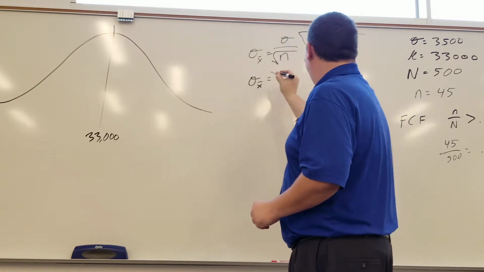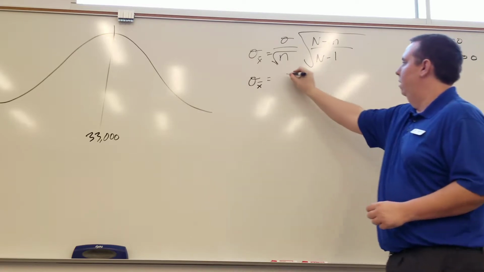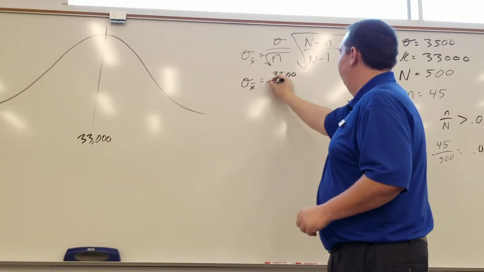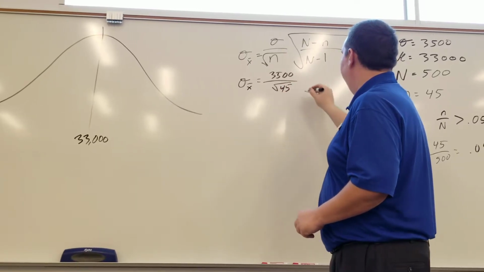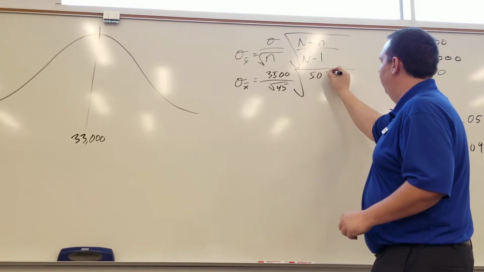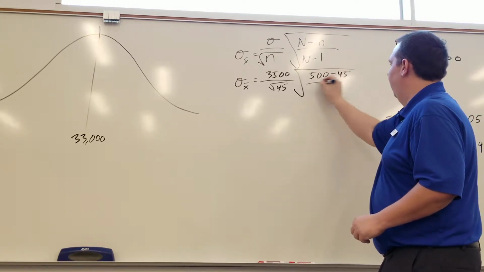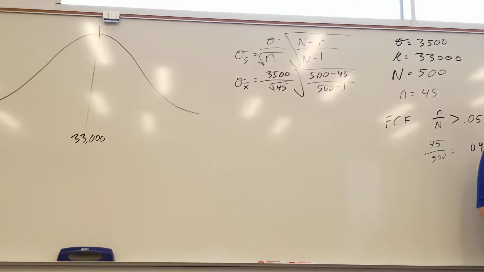So now we can start filling in the information we have written. 3,500 over the square root of 45 times the square root of 500 minus 45 over 500 minus 1.